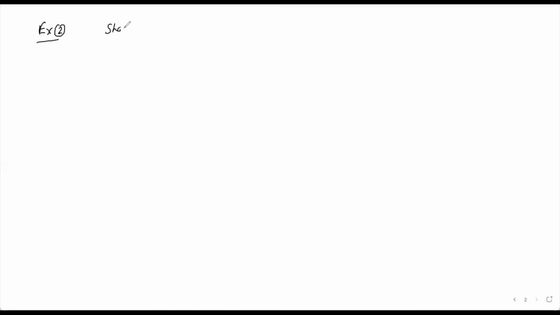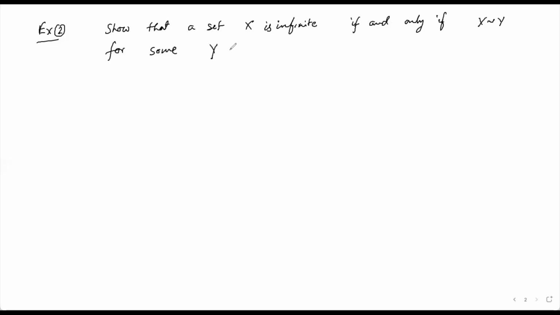Show that a set X is infinite if and only if X is equivalent to Y for some proper subset Y of X, that is, Y is a subset and not equal to X. Okay, so that is the exercise. Okay, stop now.